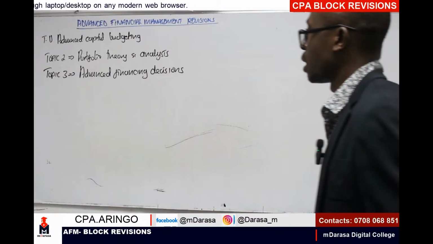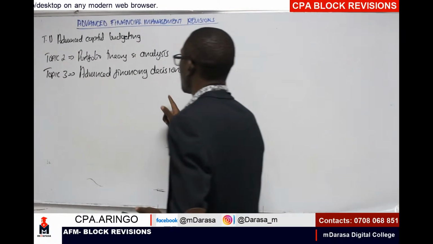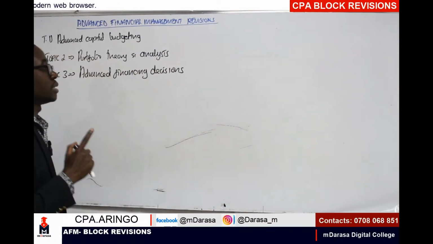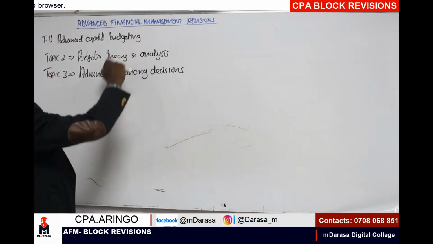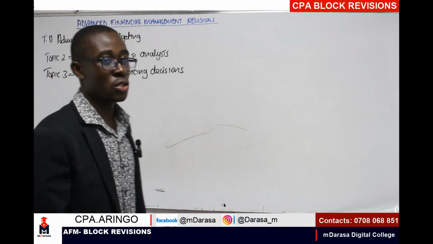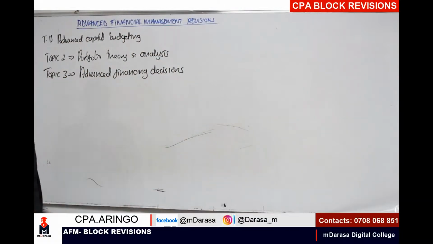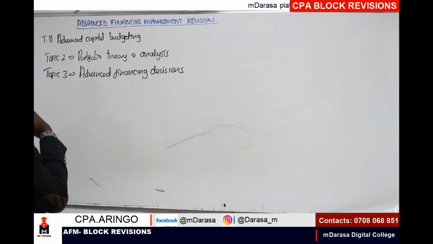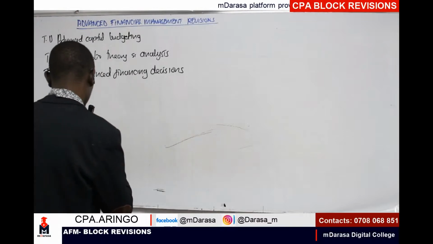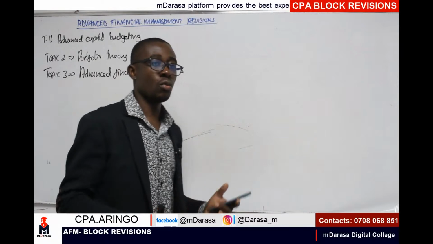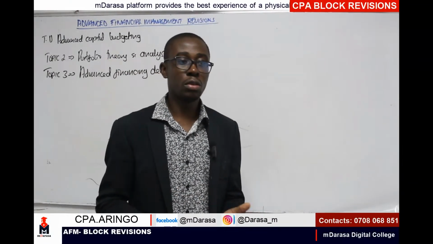All these items are what you will be expected to understand in this topic, which we refer to as advanced financing decisions. Remember, that's so different from advanced capital budgeting. This aspect, financing decisions, you did at your basic level. So advanced financing decisions is kind of expounding what you did at our basic level, so that one will also be very key.